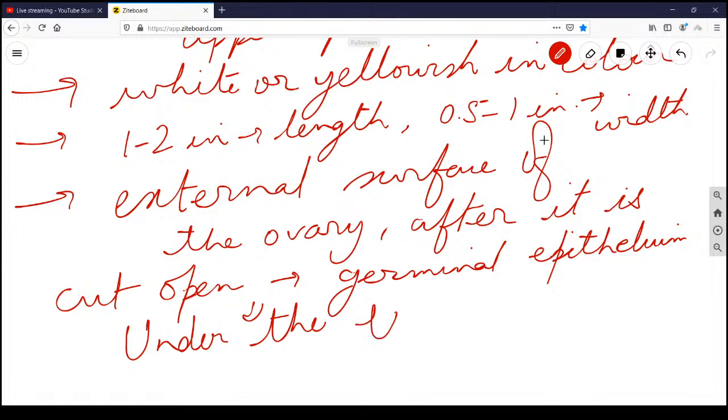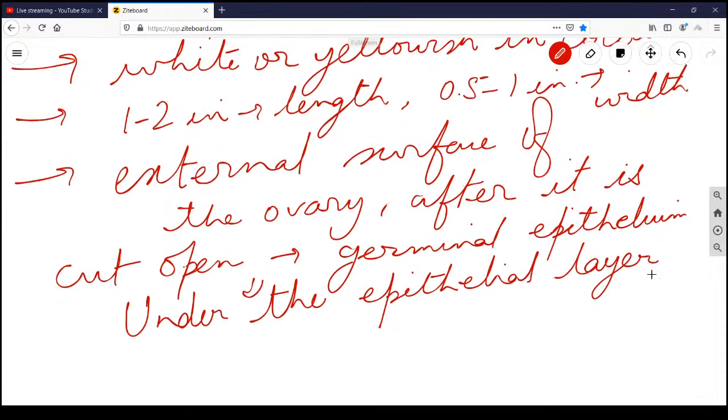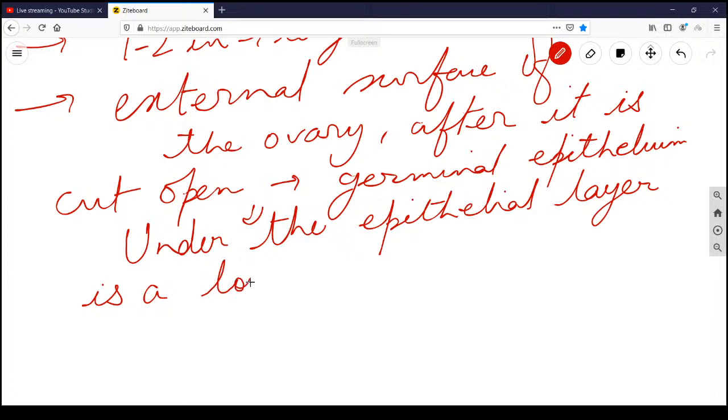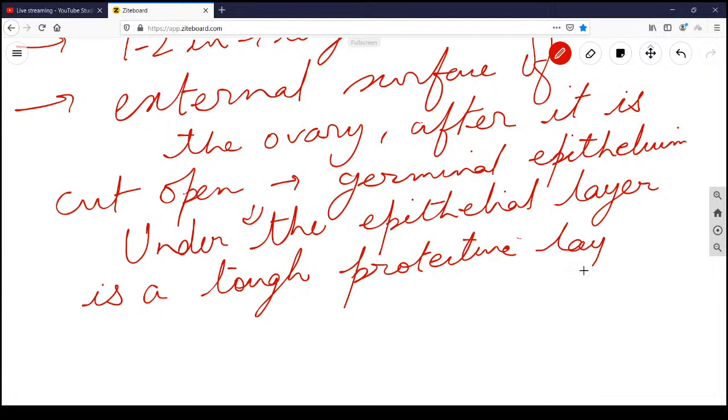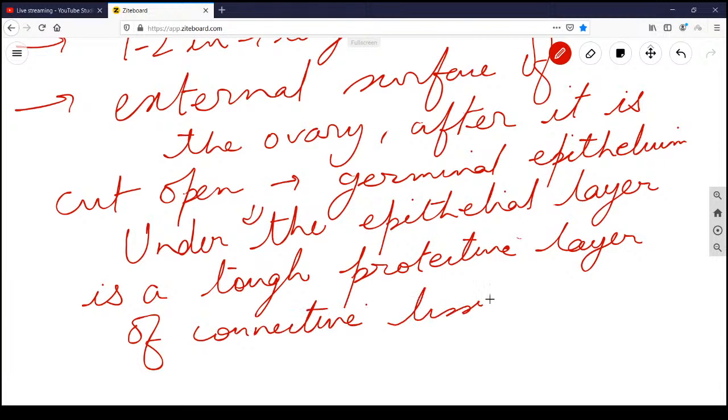Under the epithelial layer is a tough protective layer of connective tissue known as tunica albuginea.